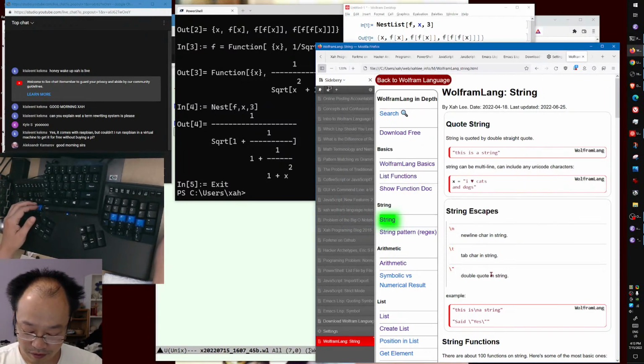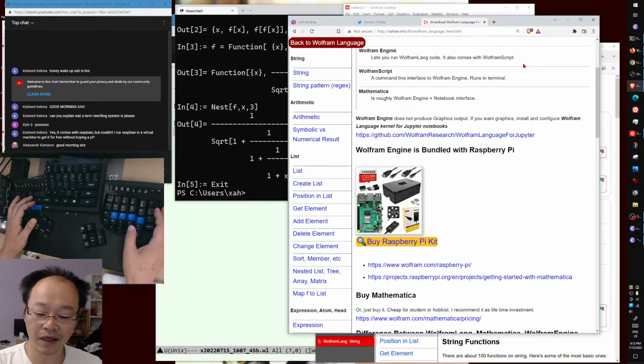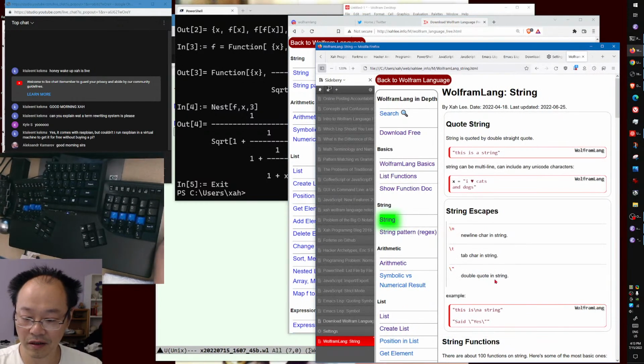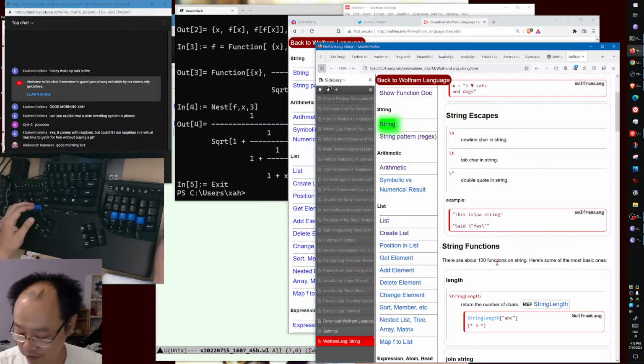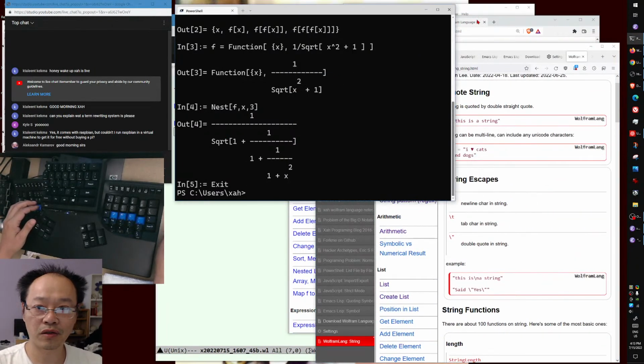So anyway, I recommend just buy it because I've been working with Wolfram language since 1993. And then I got to work at Wolfram Research in 1995 for half a year. Anyway, so let's begin.